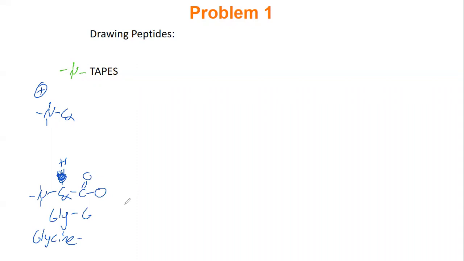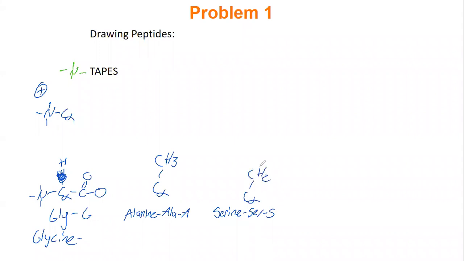Okay, next one, alanine. That's a methyl group, all right? What happens if I add an OH to that methyl group? Then you get serine. CH2. What if instead of an O, I want an S? That's cysteine.